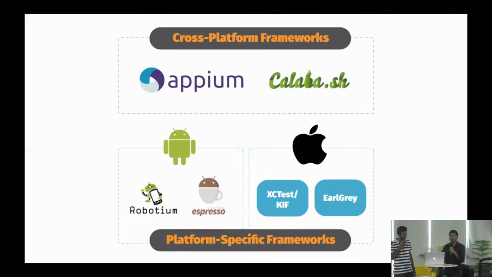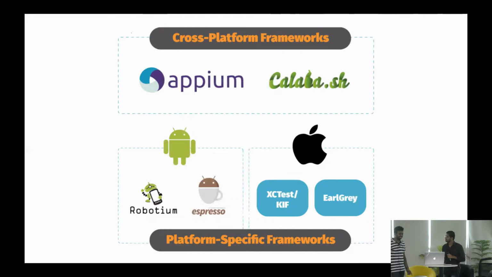When it comes to end-to-end tests, we always suggest to use Appium or Calabash, and we have seen majorly the projects have been following this. When it comes to integration tests, we have Robolectric and Espresso for Android, and KIF and EarlGrey for iOS. So yeah, we can go with EarlGrey.